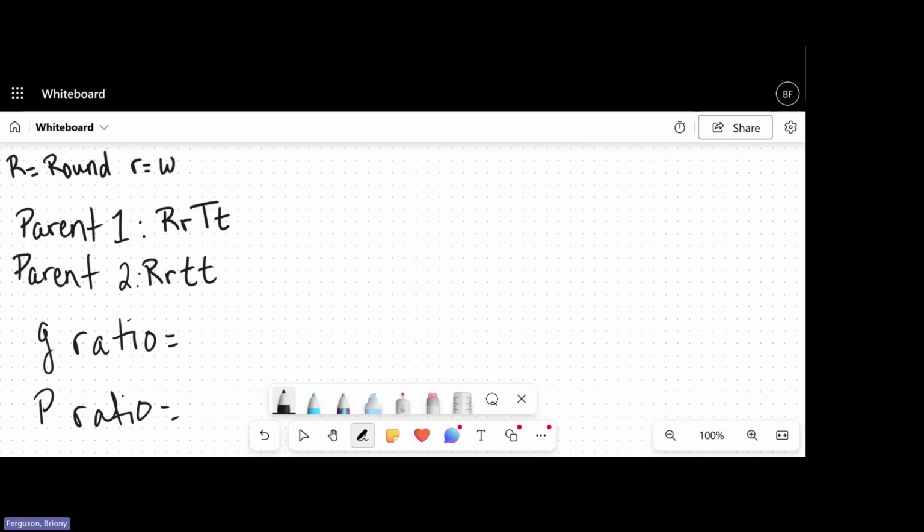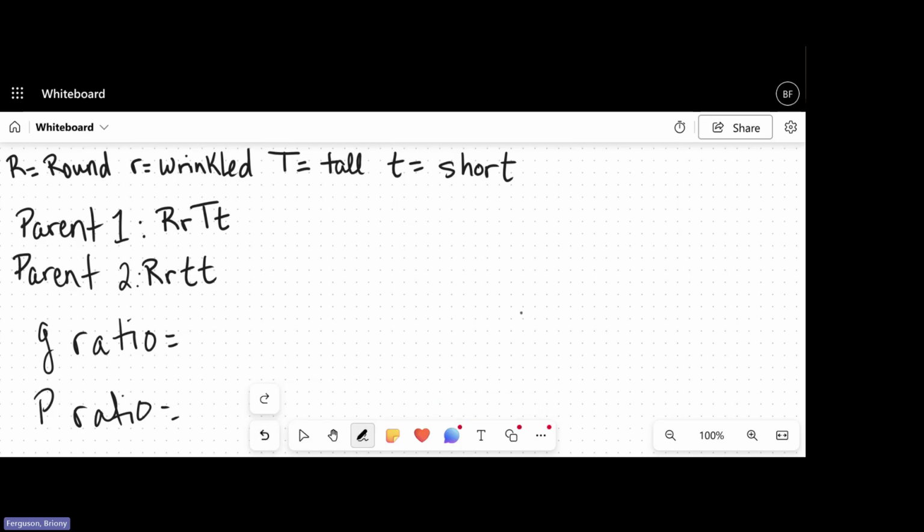Lowercase indicates wrinkled. This capital or dominant T is going to represent tall, while lowercase, again, is going to indicate short. And our Punnett square is going to be quite large in this instance.